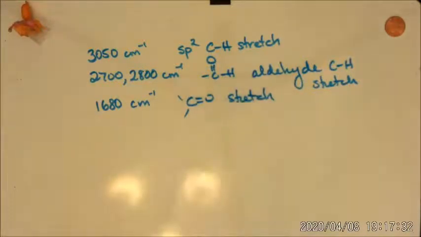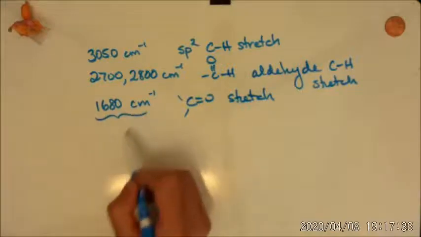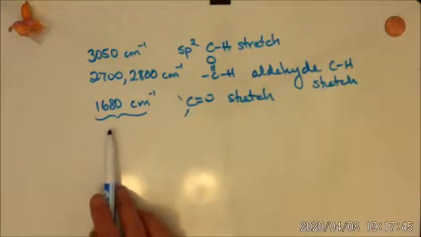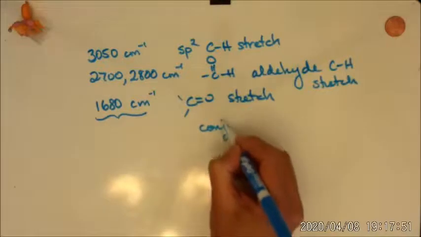Okay, but before we move to the next peak, let me ask you this. Why is it 1680 and not 1710 or 1720, which is more typical? The reason it's not 1710 or 1720 is because this must be conjugated.